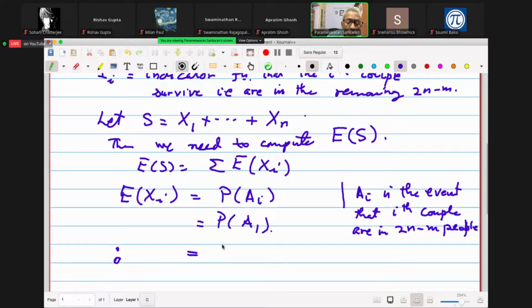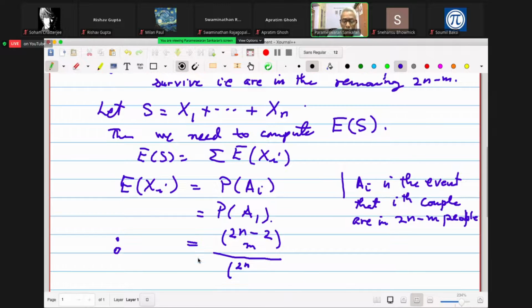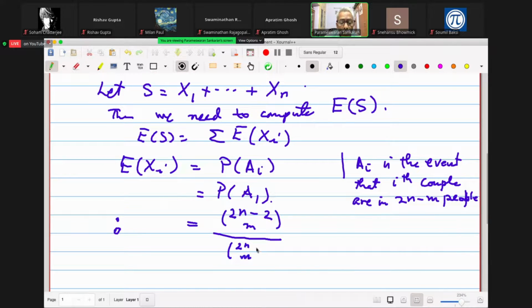So the probability of that happening is 2n minus 2 choose m divided by 2n choose m. Therefore the required expectation of S, summing over n terms, is n times 2n minus 2 choose m divided by 2n choose m.